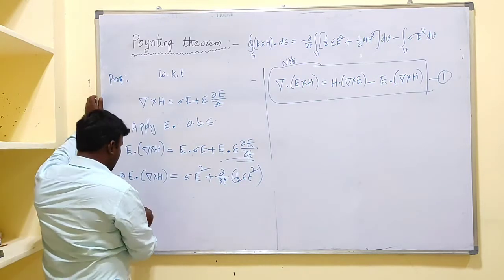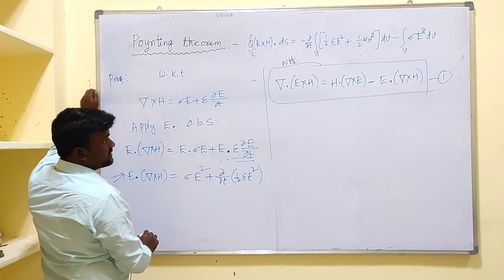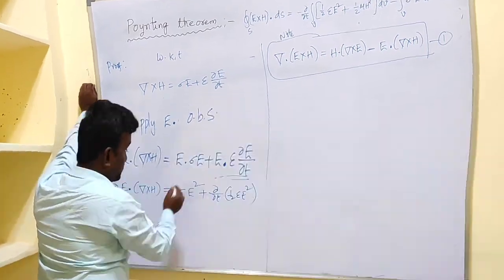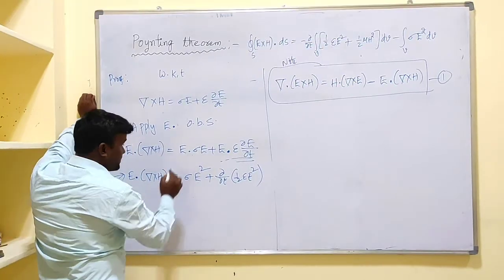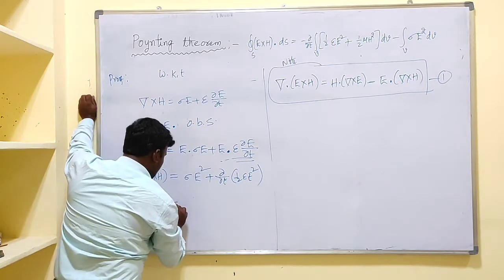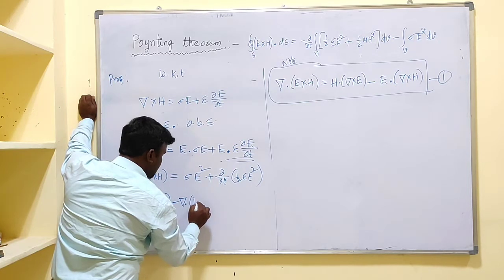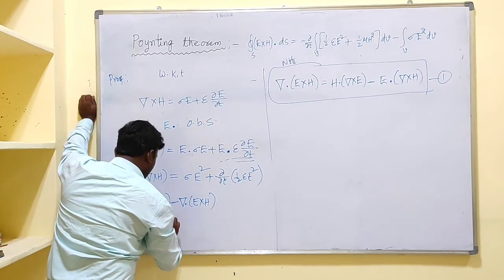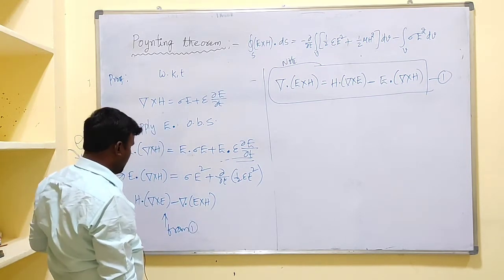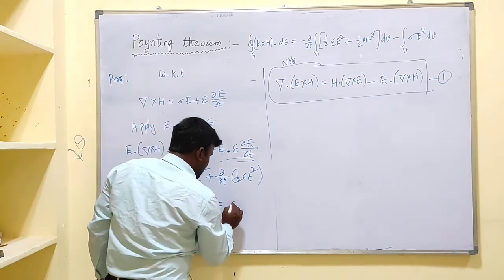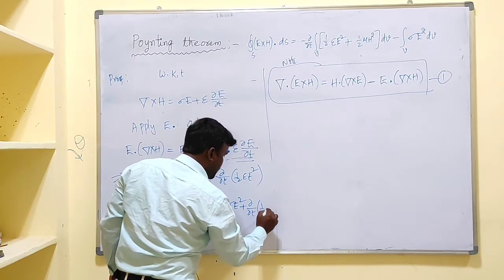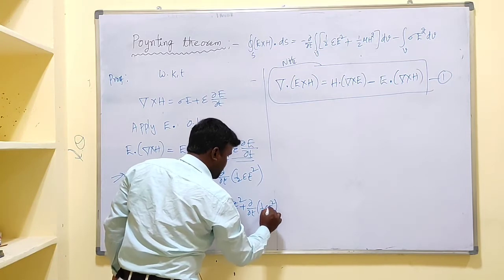Send this term to this side, and the remaining part is H · (∇×E), and send the other term to that side, that is minus ∇·(E×H), from note 1, is equal to σ E² ∂/∂t of (1/2 ε E²).